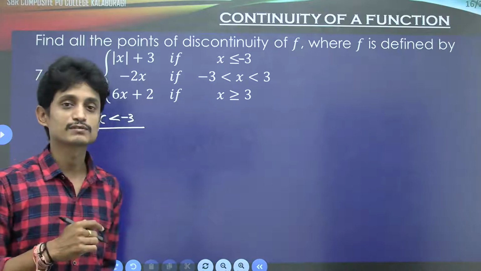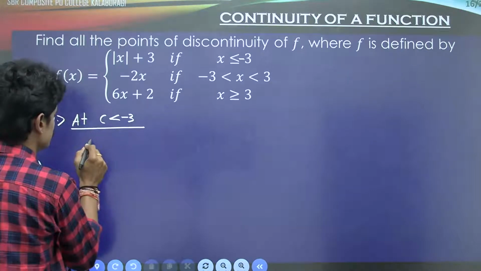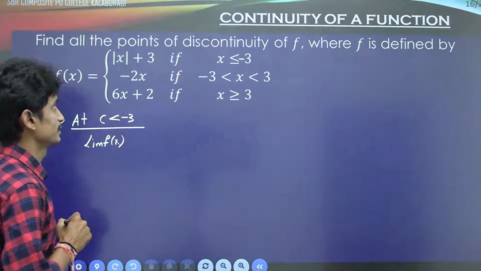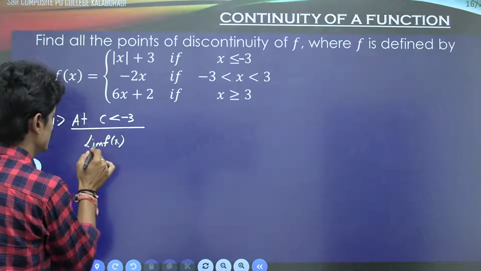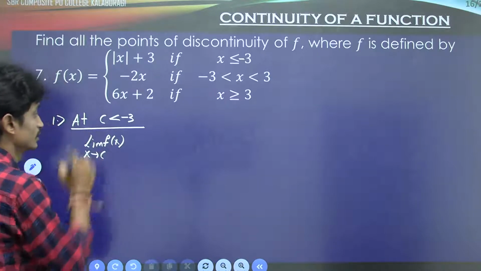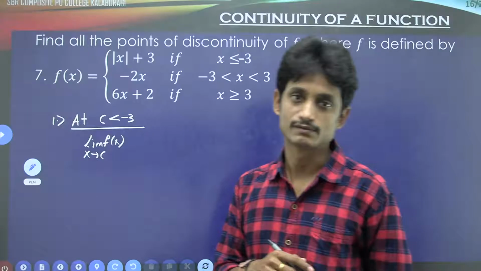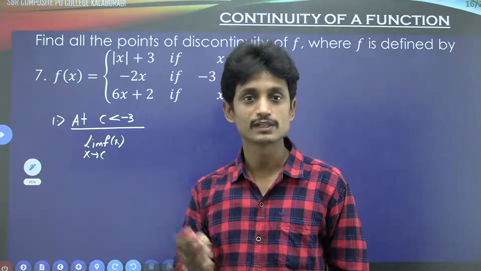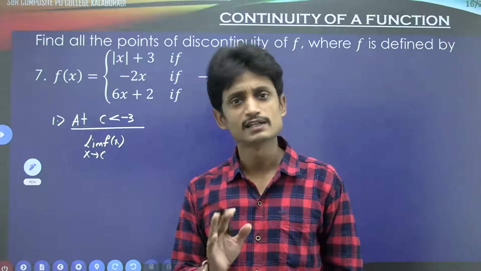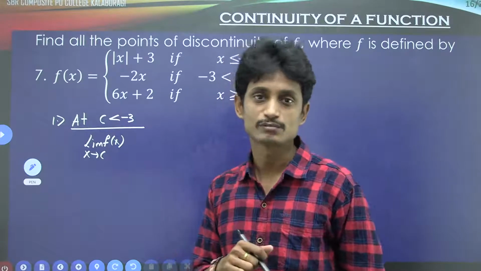Minus 3 to minus infinity, now I am going to check the limit of f of x as x tending to c. Who is c? c will be any one value which lies between minus 3 and minus infinity. It may be minus 4, minus 5, minus 100, minus 3.01, like that. It can be any one value belonging to the open interval minus infinity to minus 3.